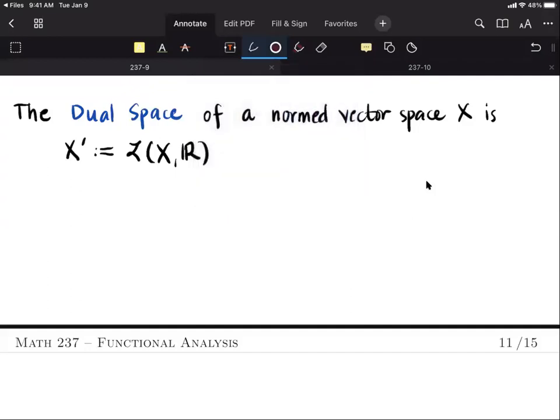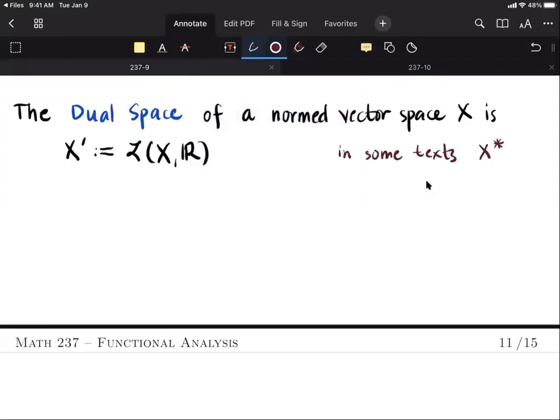In some texts or references, the notation is denoted by a star. And this is also a reason why a star is used.